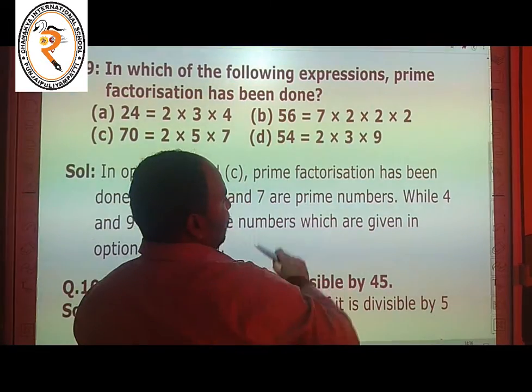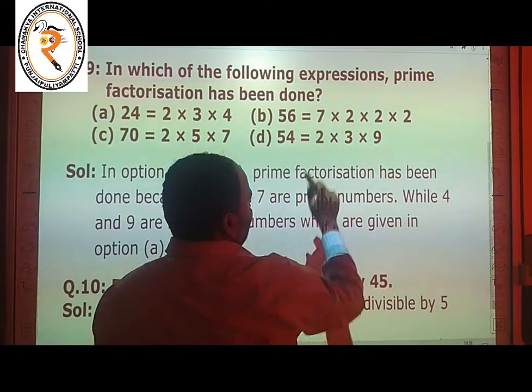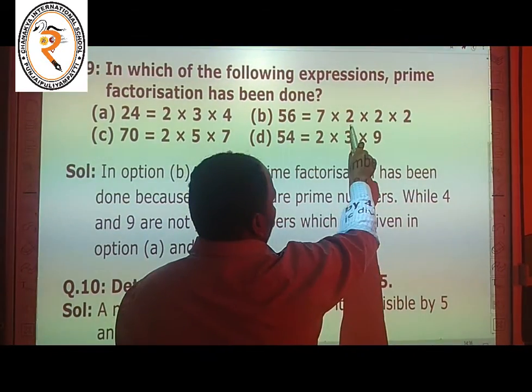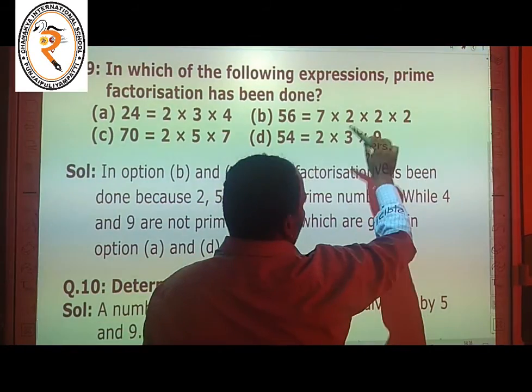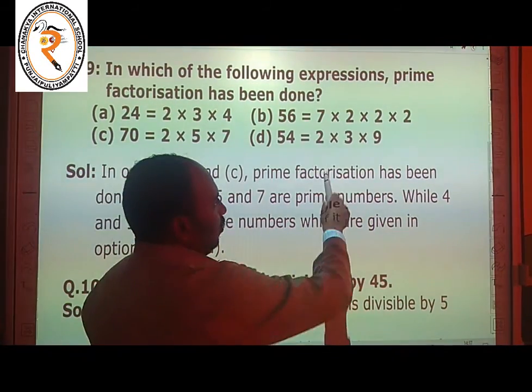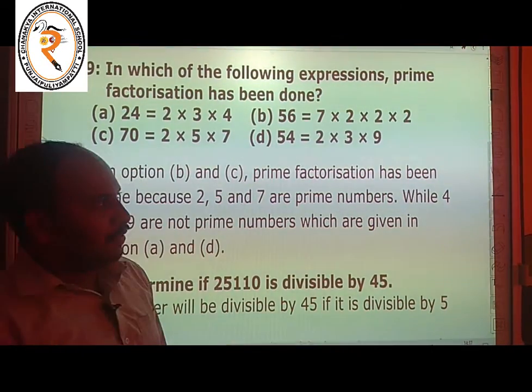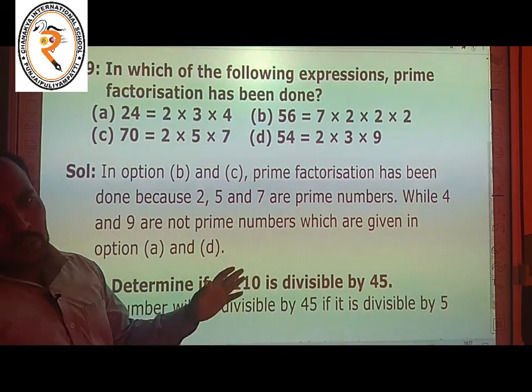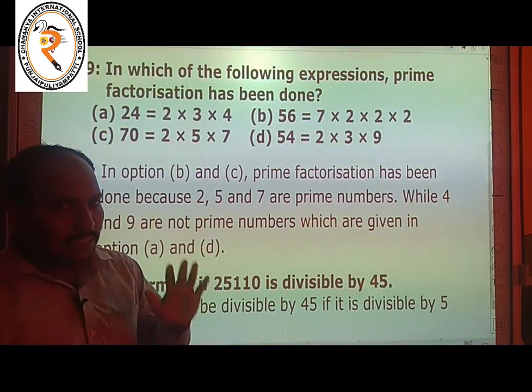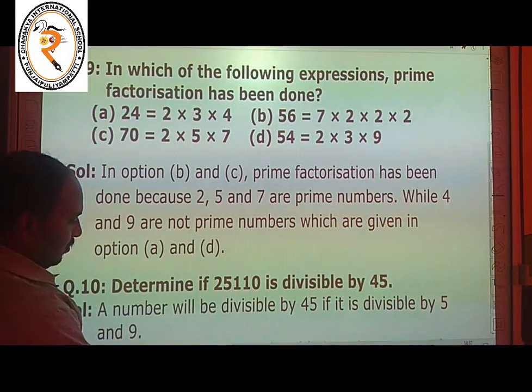So 56 is equal to 56. 7 is a prime number, and 2 is a prime number. Finally 2 is a prime number. So 2 and 7 are prime numbers, so 7 into 2 into 2 into 2 is a prime factorization.